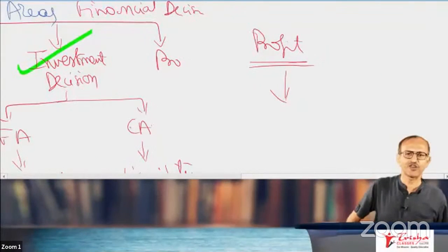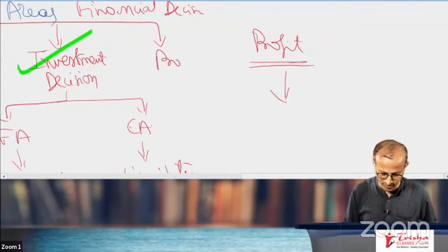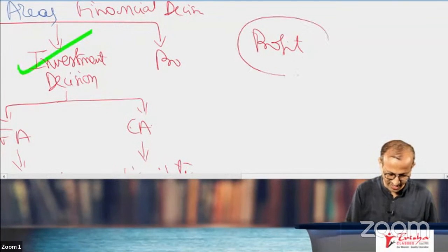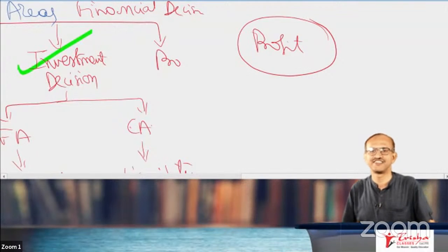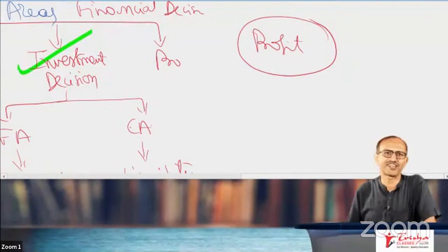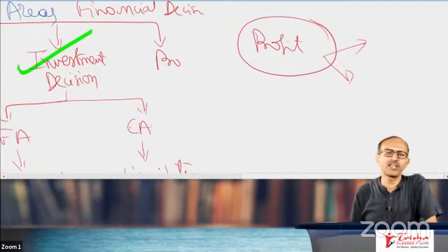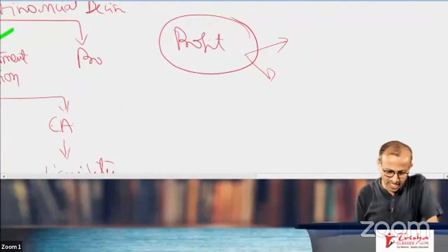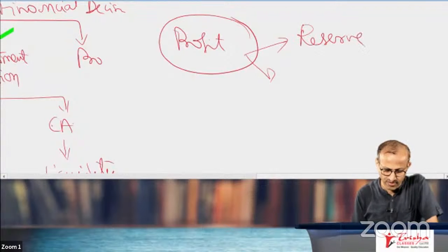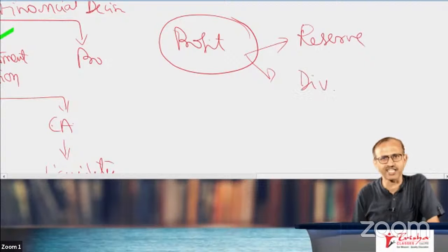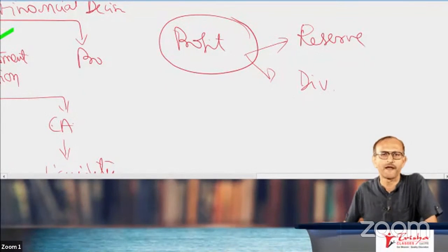Tell me. You got some profit. Let us see what you will do. Super. All of you are explaining it. Listen, there are only two things that can happen. One is you keep it as reserve, or you give it as dividend. Anything else? Basically only this, no?